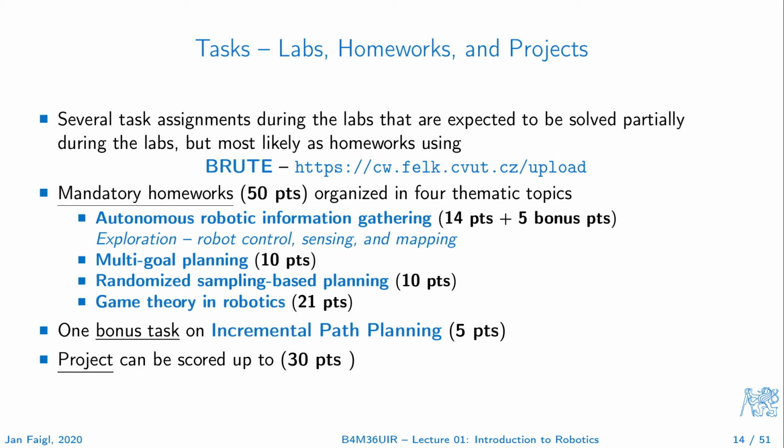There are randomized sampling-based planning methods, which are fundamental, and we have relatively large points you can gain. Game theory in robotics is smaller, because the other parts, especially the first topic, are covered in the project, where you can gain up to 30 points. And there is one bonus task within the first topic, incremental path planning, where you can gain 5 points.